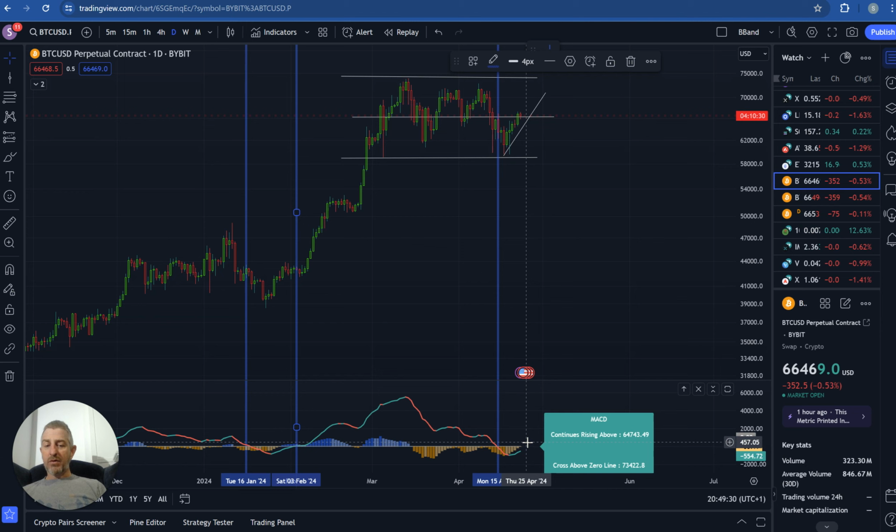If it did indeed cross to the upside, and let's just say this changes to 72 or something, that would be close to the top of the range with a statistical bias for more upside based on what I've just pointed out. When the MACD crosses above the zero line, upside moves are more likely.